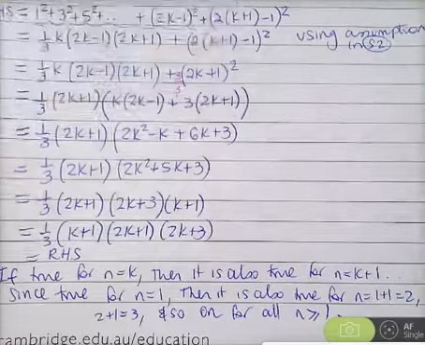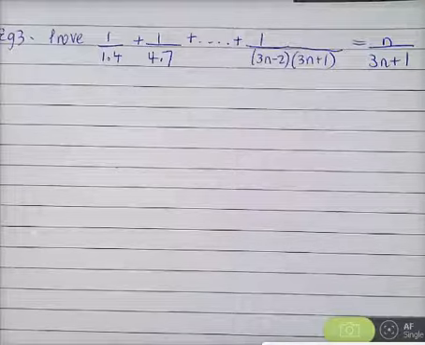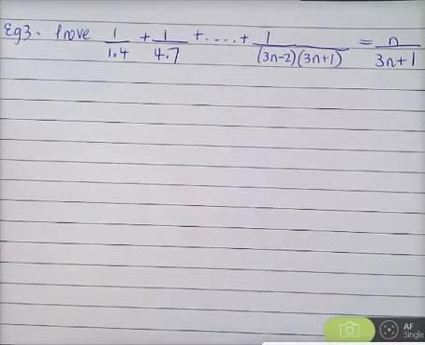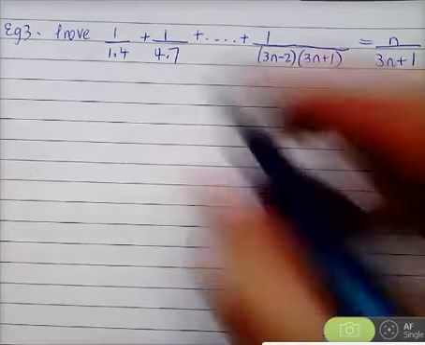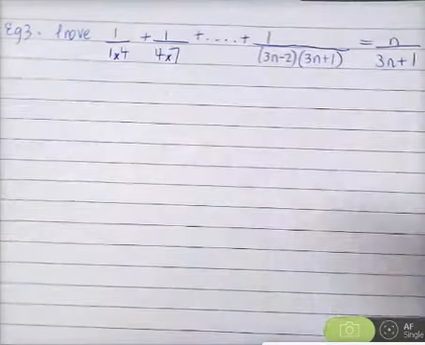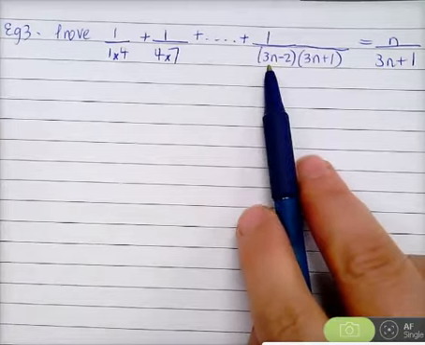All right. Proof 3. Prove that 1 over 1 times 4 plus 1 over 4 times 7, and so on, and it's not 0.4, it's times. 1 over 1 times 4, but you'll see them written as points. How do we know it's that? Because substitute n is 1.